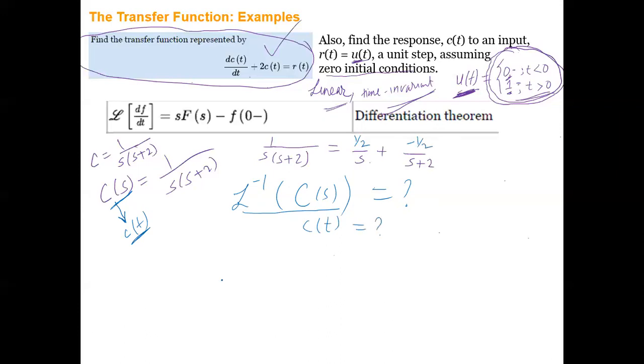So you do the inverse Laplace transform of this. What is that? It's 1 over 2 times the inverse Laplace transform of 1 over s, minus 1 over 2, remember this minus here, times the inverse Laplace transform of 1 over s plus 2. So far, so good.